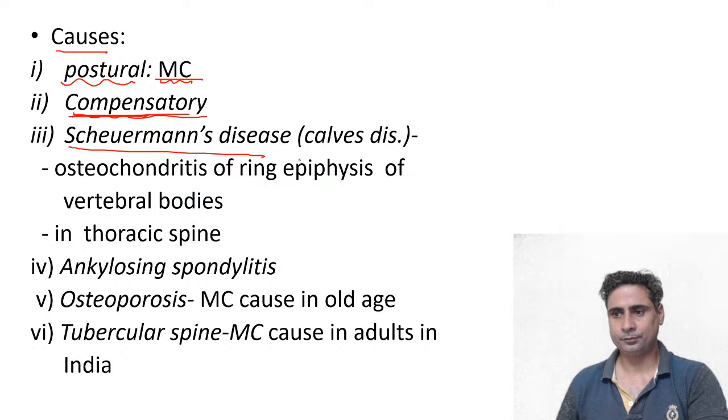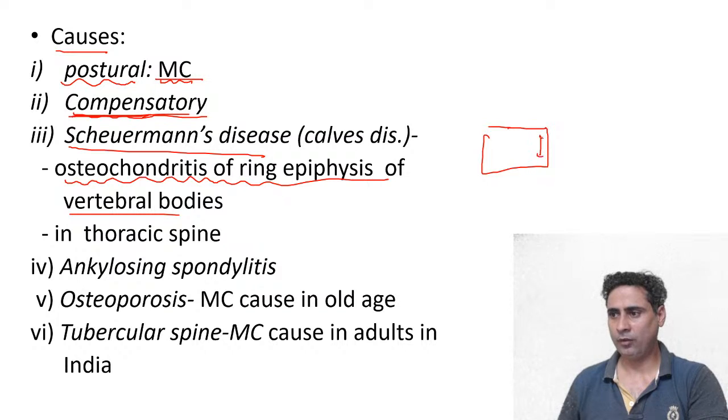Scheuermann's disease, where there is osteochondrosis of the ring epiphysis of the vertebral body. What happens? The anterior half of the vertebra does not develop normally, but the posterior half develops normally, and it is for adjacent 2-3 vertebrae. So this will lead to kyphotic deformity.